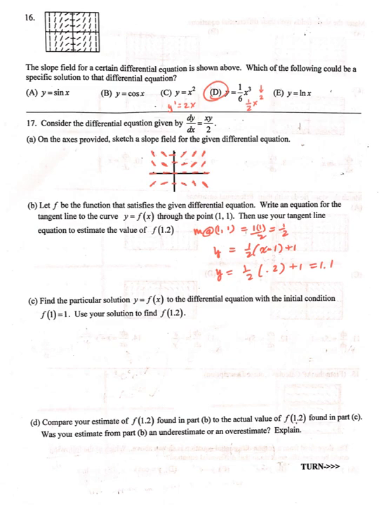Okay, in part C, it says find the particular solution. So if I separate the variables, I have dy over y, and I have x over 2 dx. Now I'm going to integrate this, so I get ln absolute value y equals x squared over 4 plus c.